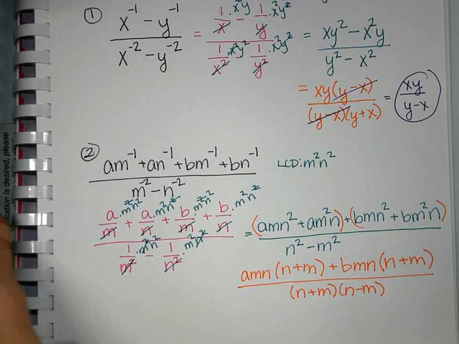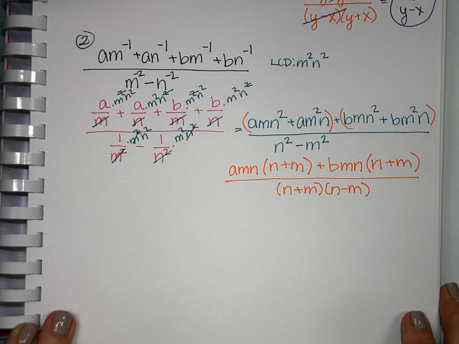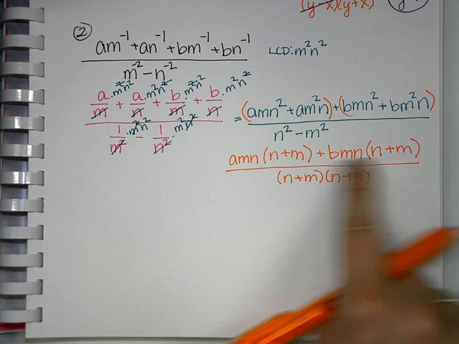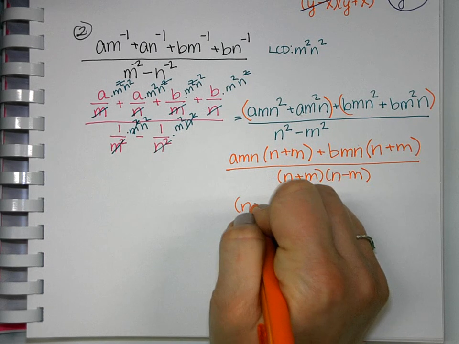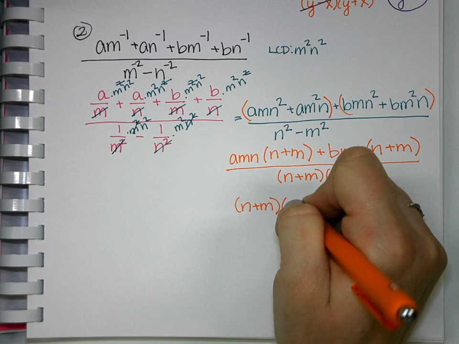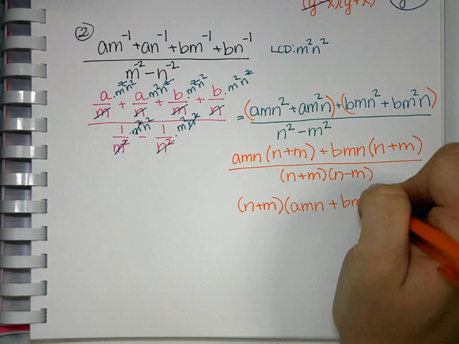So I'm not quite done factoring this one yet, but I am going to move it up so you guys can see. To finish my factor by grouping on top, I'm going to take out the GCF of n plus m, meaning I'll have a m n plus b m n left over.